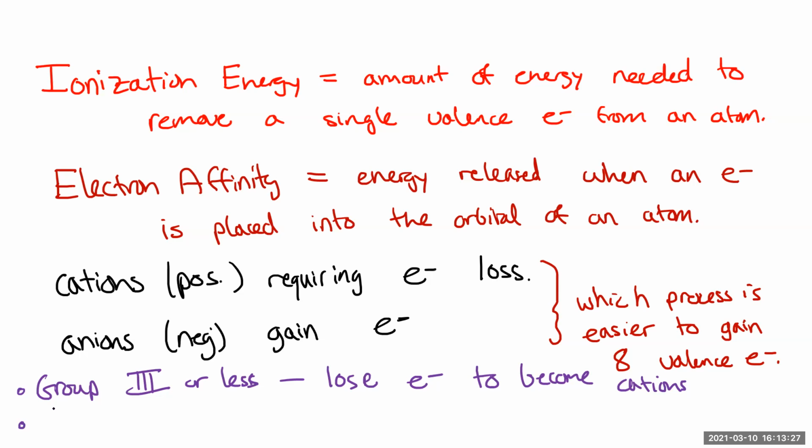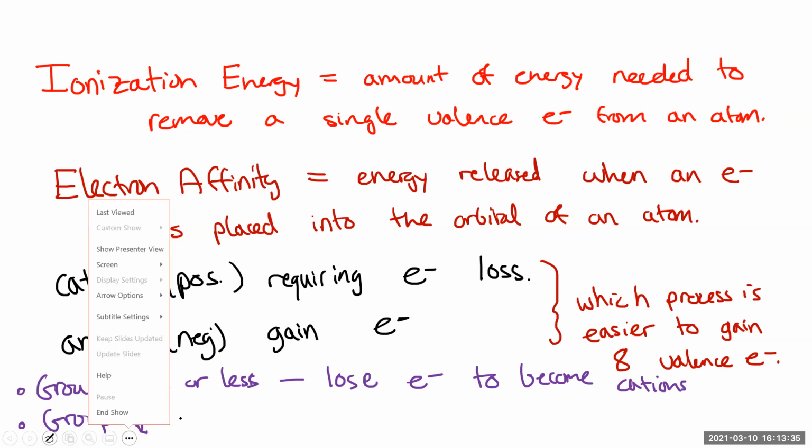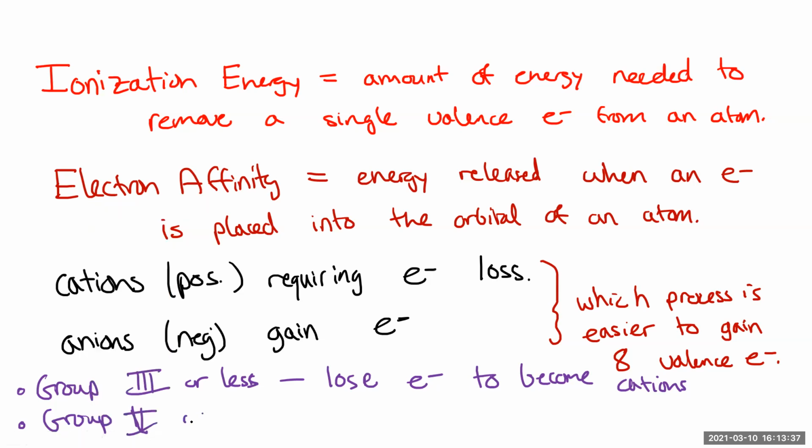Not made to be broken, but rules can be broken. If you are in group 5 or greater, then it is easier to gain electrons, gain 3, gain 2, gain 1. And because you do that, you become an anion.